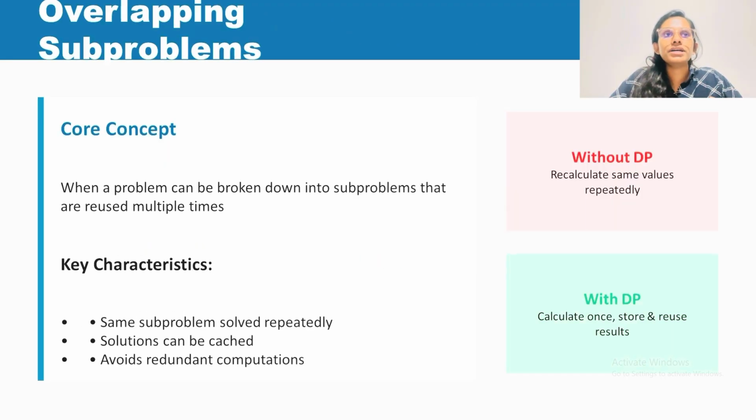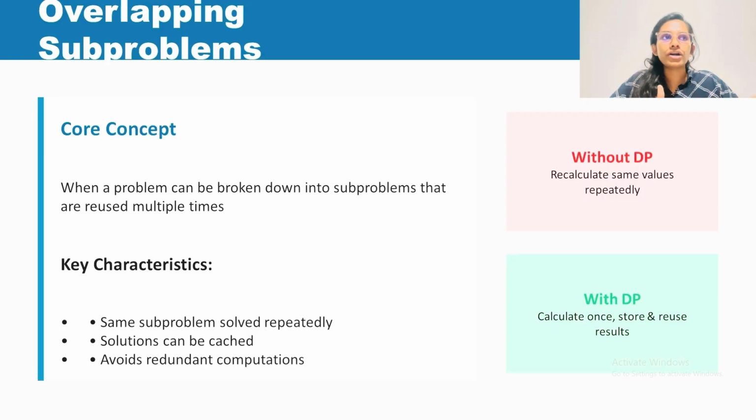Let's dive deeper into overlapping subproblems. The core concept here is that when we break down a complex problem, we find that the same smaller problems need to be solved multiple times. Imagine you are trying to find the shortest path through a network of cities. As you explore different routes, you might need to calculate the shortest path from city A to city B dozens of times as part of finding various longer routes.